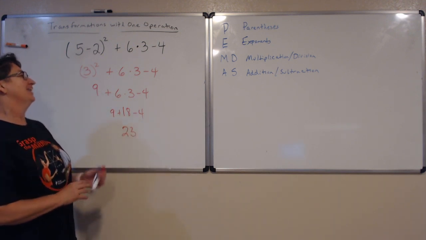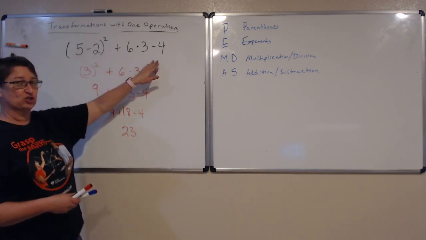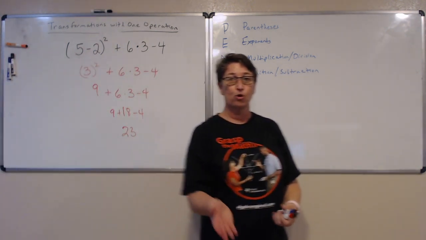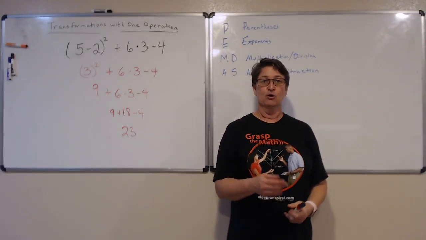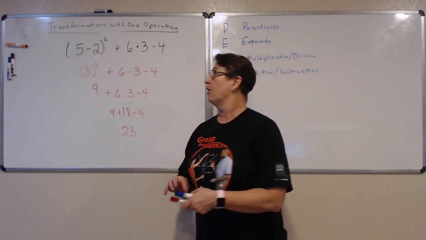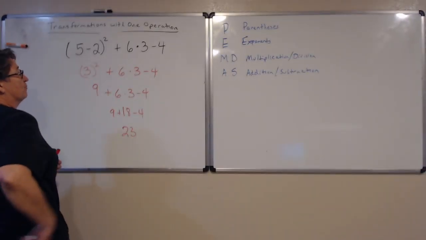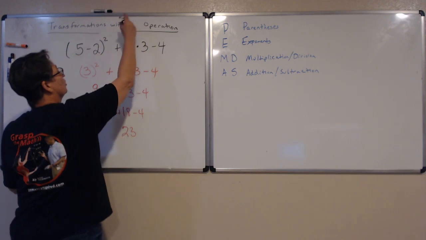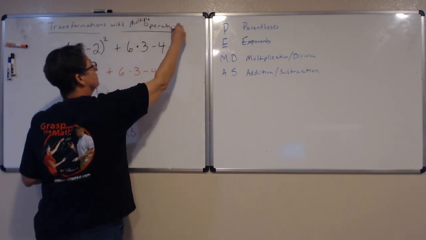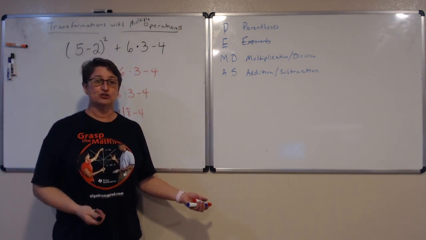Yay! Now that was a good warm-up, and the reason I have that on there is when we have multiple operations like this, we have a certain order that we have to do them in. We have this order of operations that we go through. Well, with our transformations, when we're doing multiple operations, instead of just doing one operation, then all of a sudden I need an order of operations for those too.